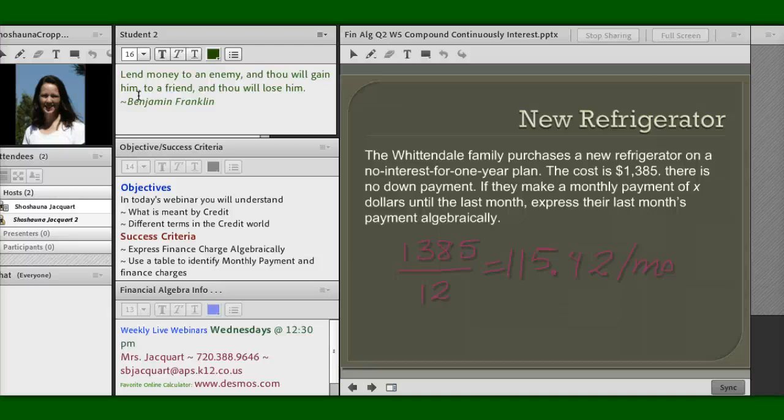Okay, and if we want to express this algebraically, then we want to do last month equals $13.85 minus 115.42.